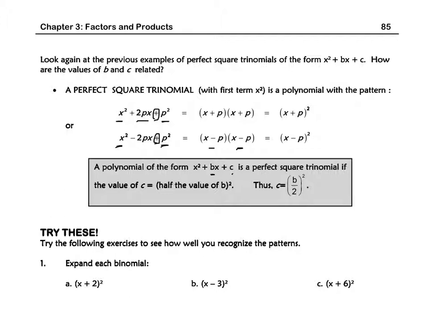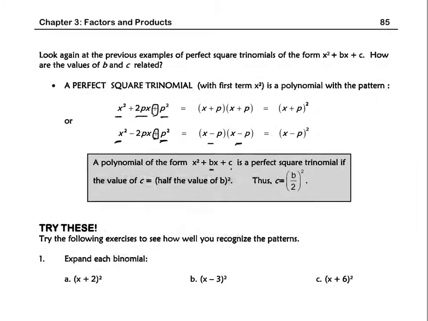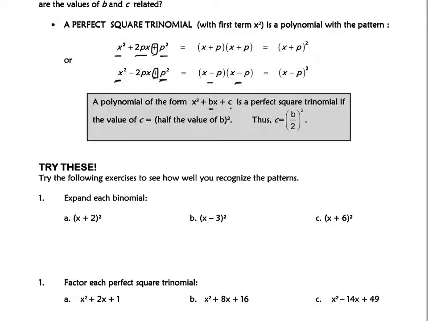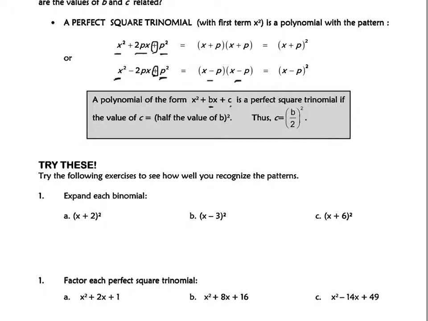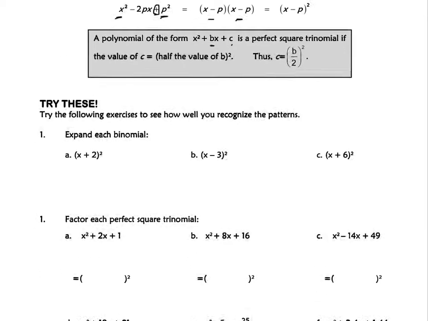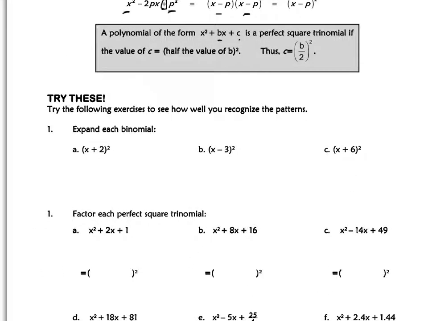Okay, so let's expand these and see if those patterns actually hold, because these are perfect square trinomials. The factors are in perfect square format, and if you expand them, you will see that the pattern holds true. So we've got x plus 2 times x plus 2, and if we expand those, we get x squared plus 2x plus 2x plus 4.